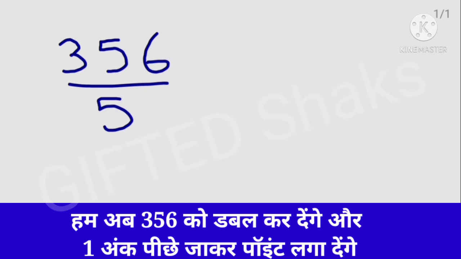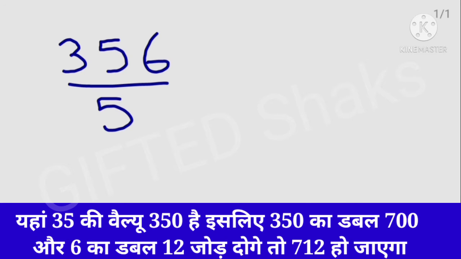Okay, let's take one more example: 356 divided by 5. As I said, I will double this number. If I double it, I have 712. 6 twos are 12. I'm just multiplying this by 2.